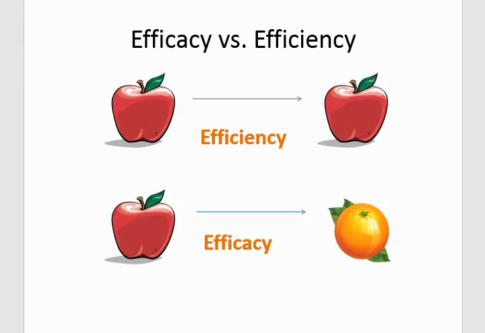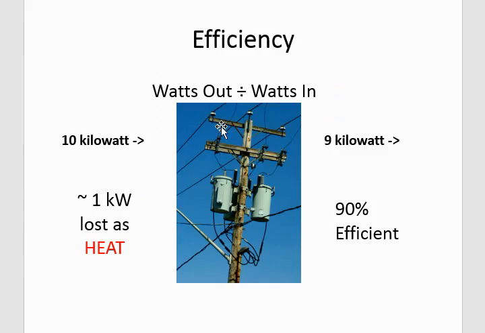So if we look at a transformer, we have watts delivered, power delivered, 9 kilowatts, and power absorbed by the primary of the transformer, or power in, 10 kilowatts. If we divide the wattage out by the wattage in, we get 9 divided by 10 is 0.9, and we multiply by 100 to get a percentage.